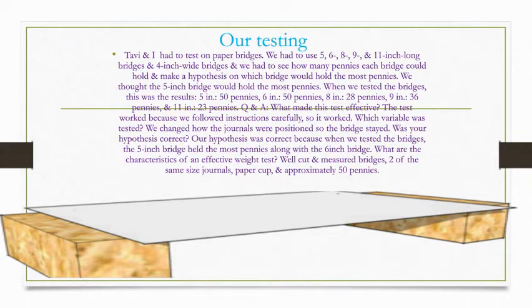Our hypothesis was correct because when we tested the bridge, the 5-inch bridge held the most pennies along with the 6-inch bridge. What are characteristics of an effective weight test? Well, cut and measure bridges, 2 of the same size journal cup and approximately 50 pennies.